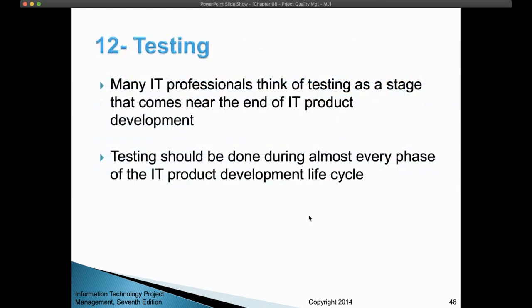Then also, to ensure quality, one of the techniques that you can use is testing. You test, especially in IT, software development, we test. And in testing, we have stages, not just one type of testing, we have different types.